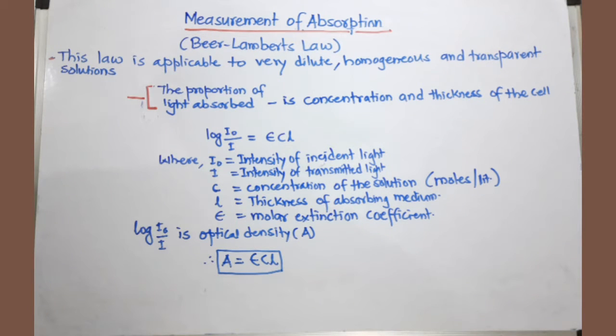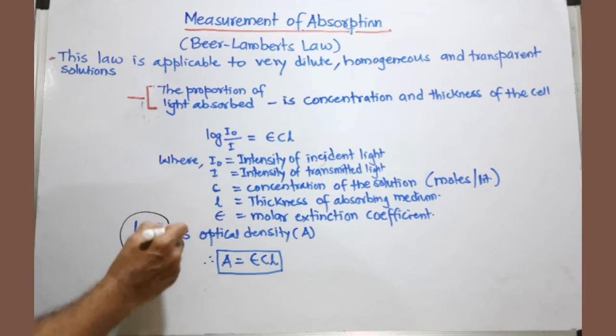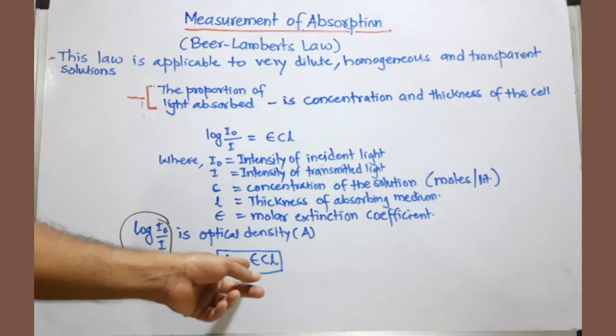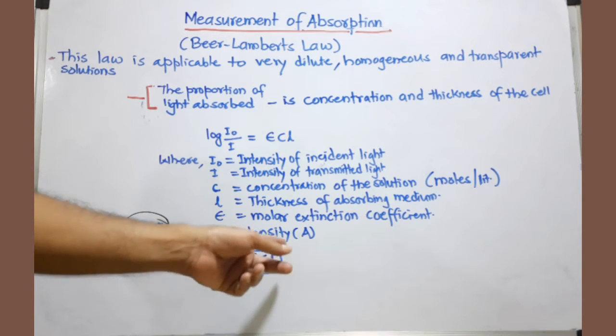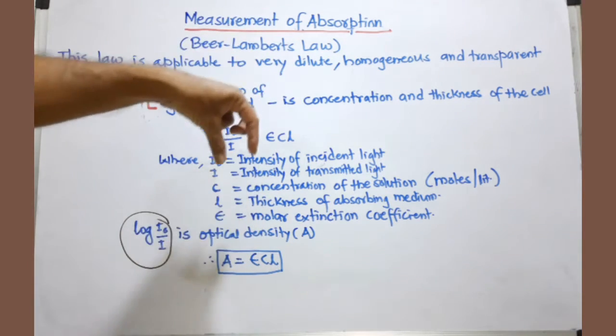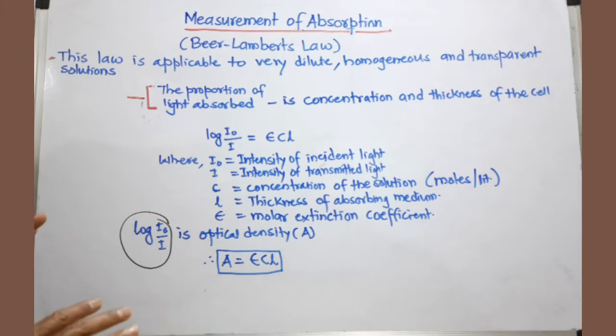Log of I0 upon I is nothing but the optical density A. So the optical density is equal to epsilon C L. It depends upon the concentration and the length of the absorbing medium. This is nothing but the Beer-Lambert law.